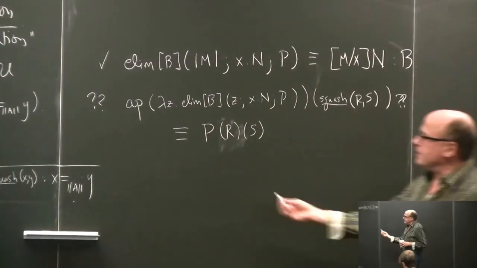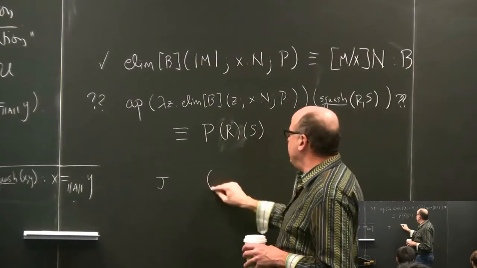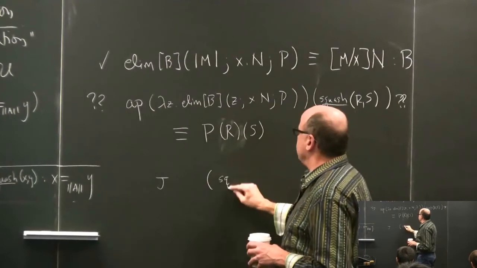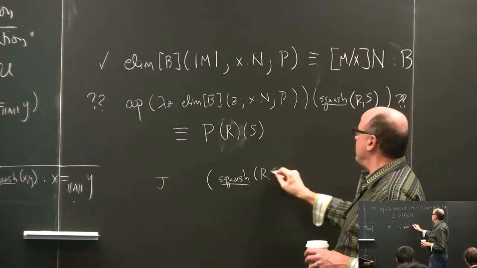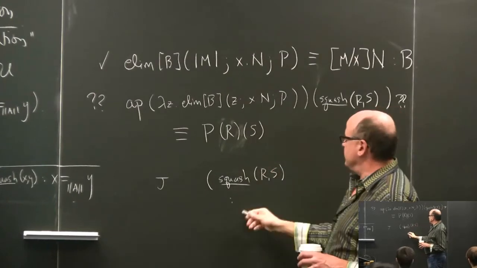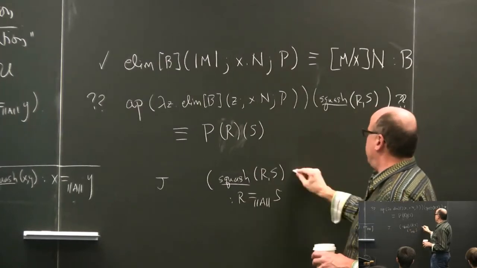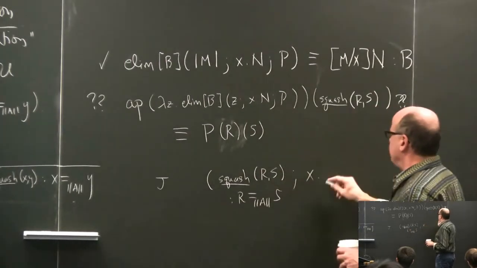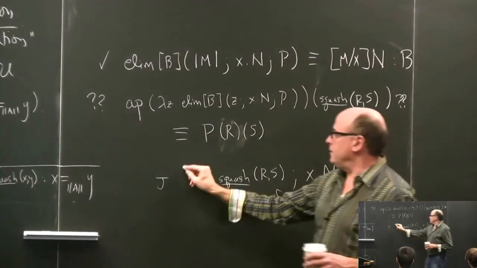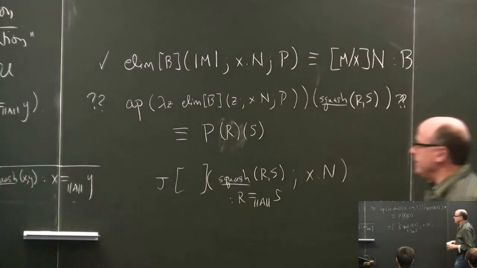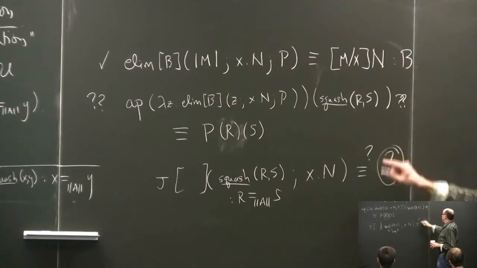Another way of saying it, which comes down to the same thing if you work it out, is if you're doing a J and the argument is a squash, it's really going to amount to the same thing. If I do a squash R S, this is an inhabitant of R equals S in the truncation of A, and I then have my x.n, whatever I called it, which was the typical thing for J, and I have the motive, which I typically write here. The question is, what should that be definitionally equal to?